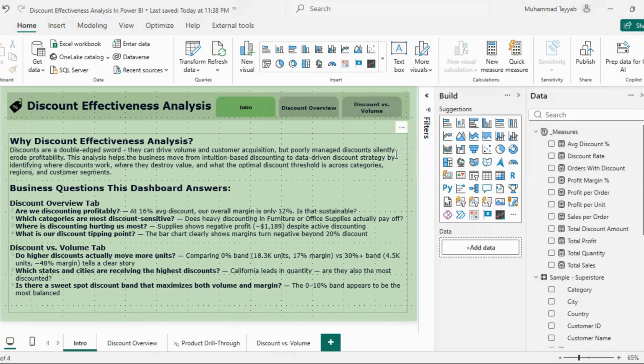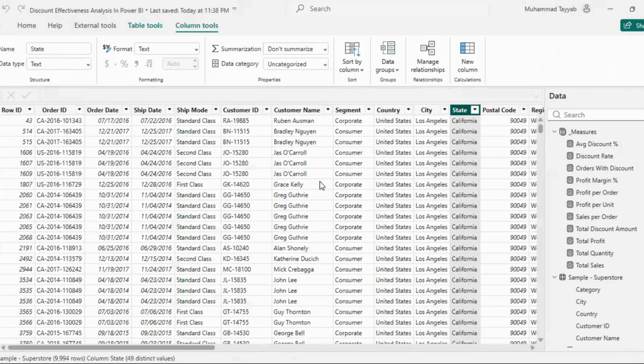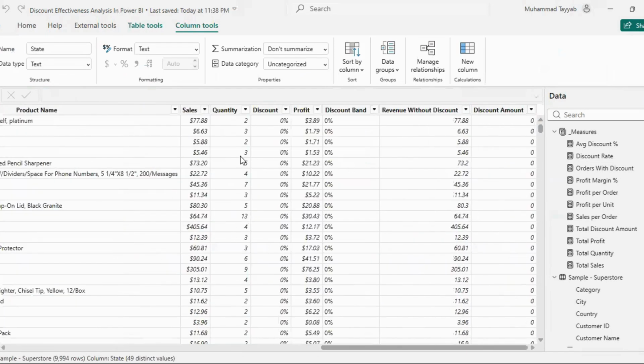So we are working with a small retail data set, and let me show you the data set. This is the basic data set. We have a lot of information available over here, and we also have some important information which will be the base for this analysis available here as well. That is sales and then the discount as well. And I have created a couple of custom columns as well, and I will again share the PBIX file in the description.